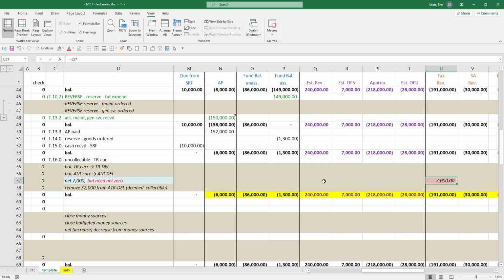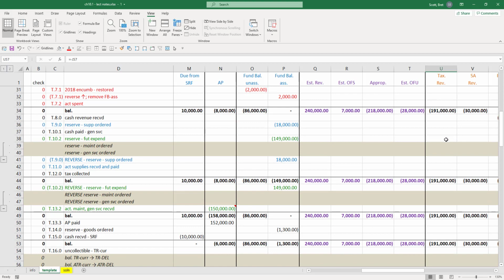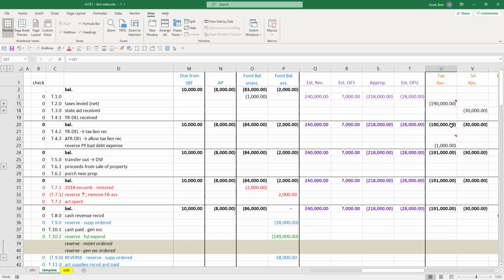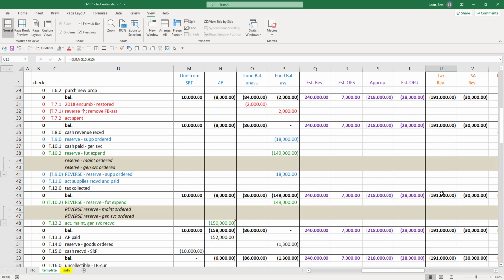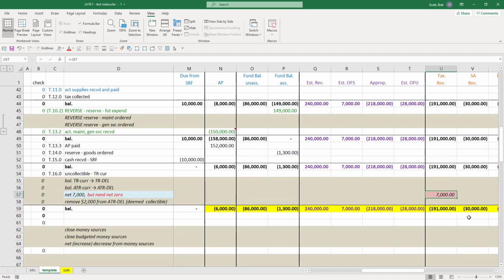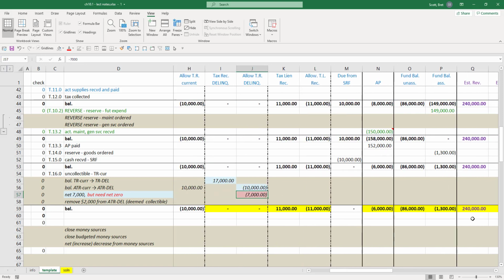I had 17 million still left over. I tried to collect that. So potentially I didn't reserve enough when I initially recorded this up above at the 190 million level. So potentially that should have been brought down lower. I'm only realizing this a year later, so let me just go ahead and bring down tax revenue by $7 million in this case and set my reserve so that it completely offsets the full 17 million in tax receivable delinquent.